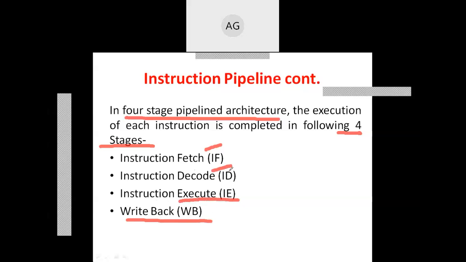These four steps are fixed, so you need to remember them for the instruction pipeline. First is instruction fetch, second is instruction decode, third is instruction execute, and fourth is write back the result into memory.